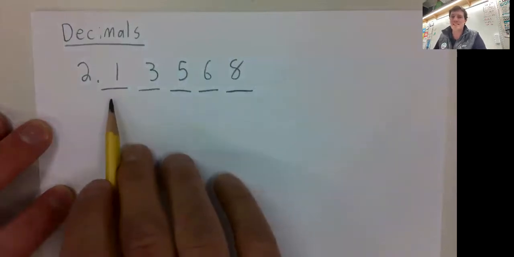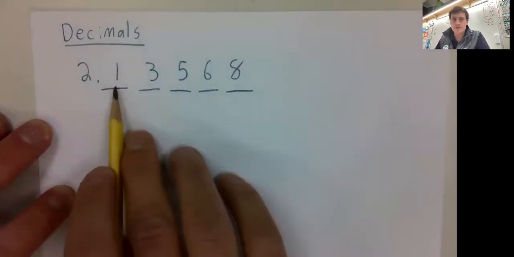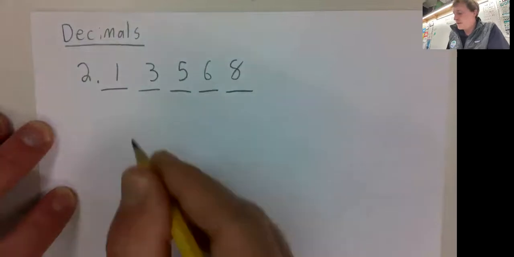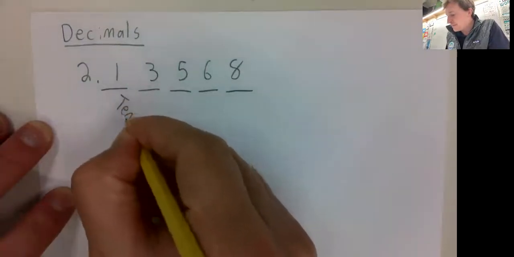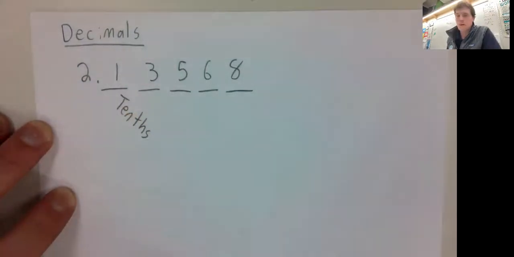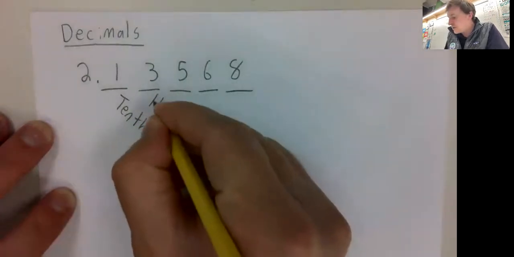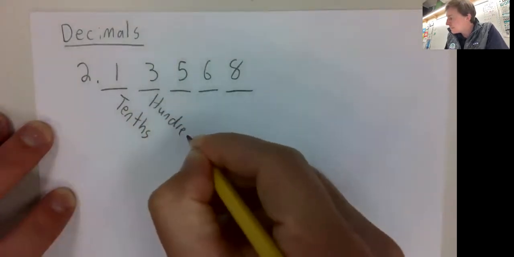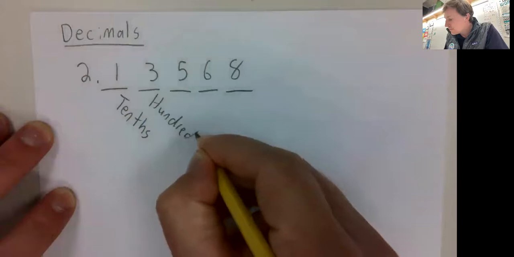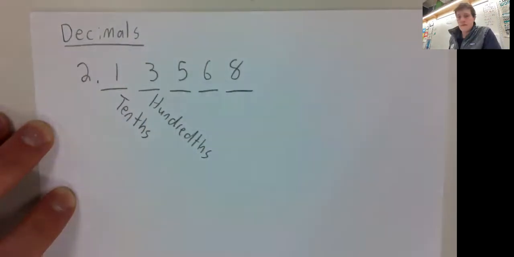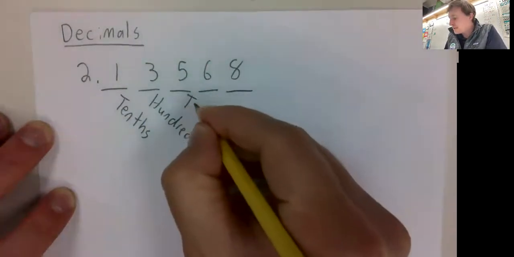So my first place value behind the decimal point is that 1, and the 1 is in the tenths place. All these end in a TH. The 3 is in the hundredths place. The 5 is in the thousandths place.